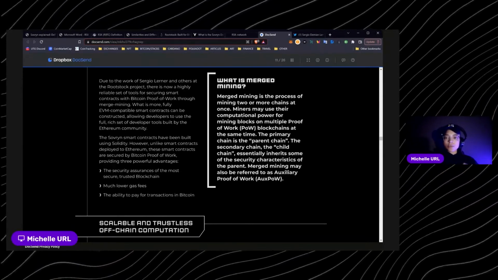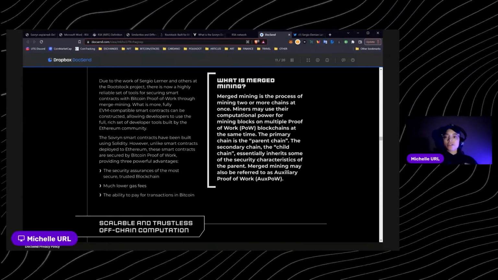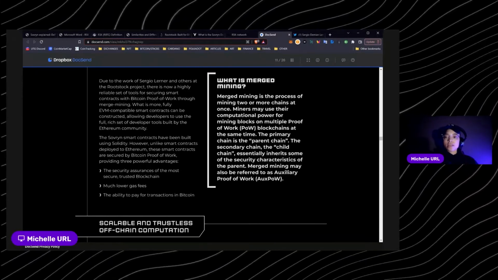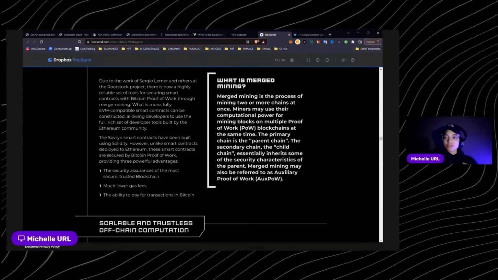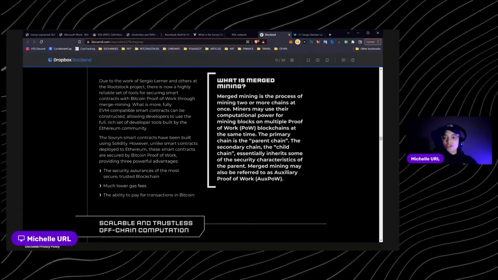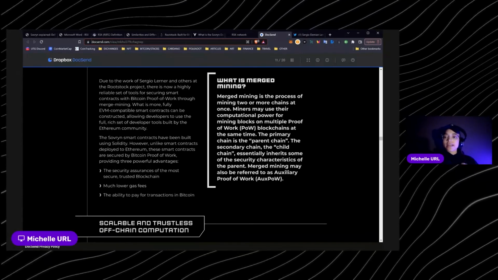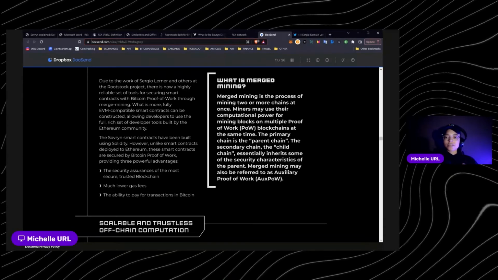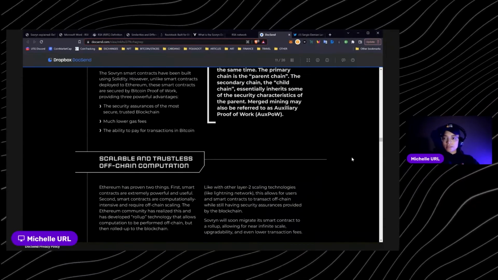However, unlike smart contracts deployed to Ethereum, these smart contracts are secured by Bitcoin proof of work, providing three powerful advantages. One, the security assurances of the most secure, trusted blockchain. Two, much lower gas fees. And three, the ability to pay for transactions in Bitcoin. So let's dive a little bit deeper into this.